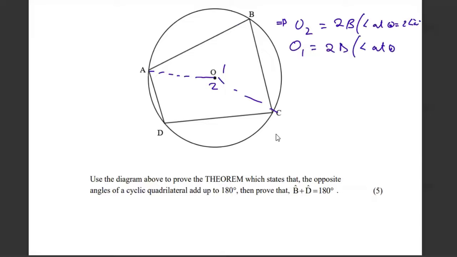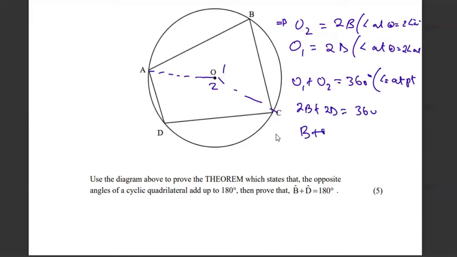Angle at the center, twice angle at the circumference. But we know that if we get O1 plus O2, we get 360. Those are angles at a point. And then we're going to get 2B plus 2D must be 360, divided through by 2. So B plus D should be 180.